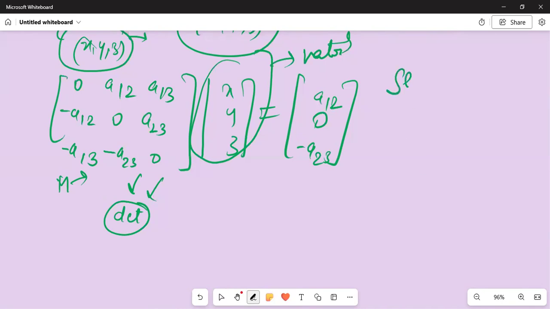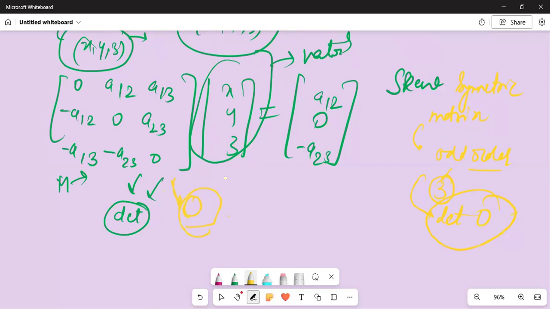But for a skew-symmetric matrix of odd order, and this has order 3 cross 3, if it has any order 5, 7, but the order is odd and the matrix is skew-symmetric, the determinant will always be 0. So this is 0.